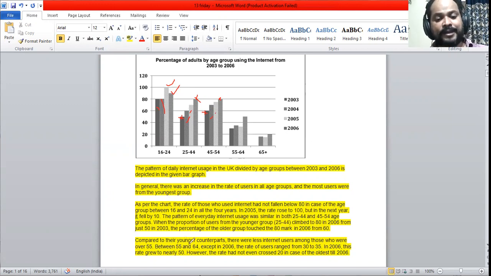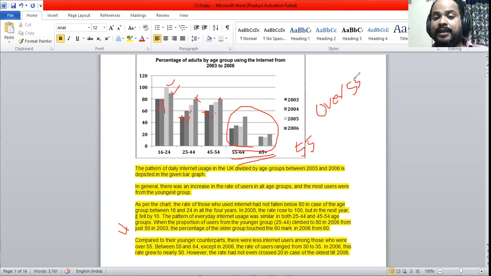When compared to the younger counterparts, the next paragraph, compared to the younger counterparts, this is the thing that we are talking about in the second paragraph. There were fewer internet users among those who were over 55. Over 55. All these two groups are above 55 years of age. So we can say over 55.